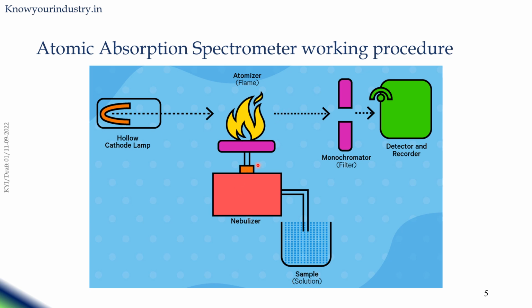Once the sample is atomized after exposure to the high energy flame, the atoms will be exposed to the light source from the lamp, and it is passed through the monochromator filter, and finally the light absorbed by the atoms will be detected through a detector and further recorded here.